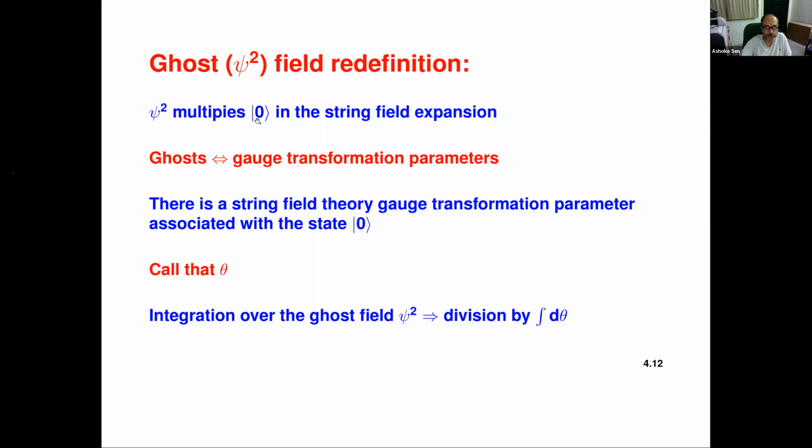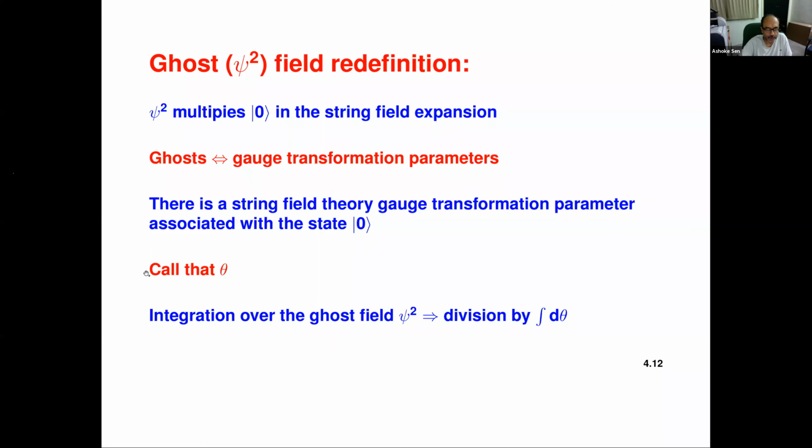This in fact corresponds to a ghost field, and we also know the ghosts correspond to gauge transformation parameters. So you can also think of this as representing some gauge transformation parameter. While psi 2 is a ghost field associated with the vacuum, there is also a string field theory gauge transformation parameter associated with the same state. This is important because it will give us a physical interpretation of what the psi 2 integral is doing.